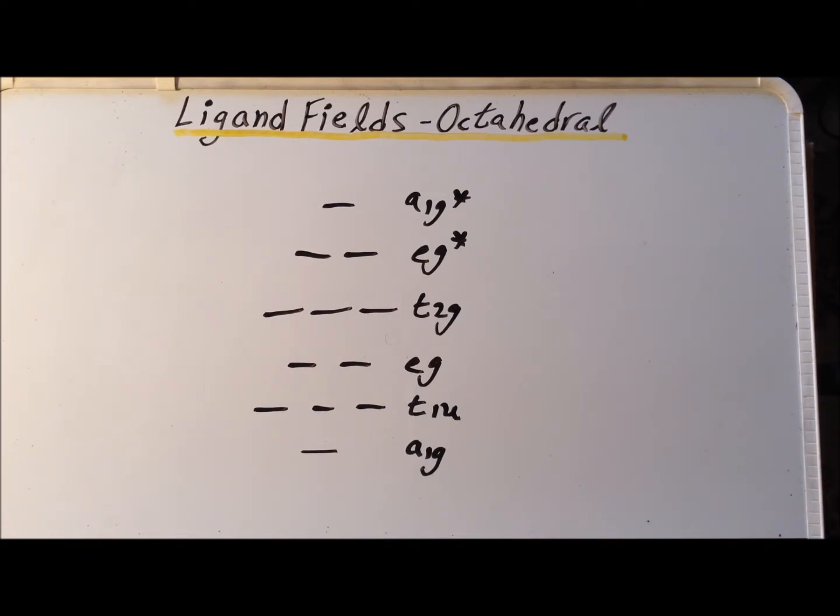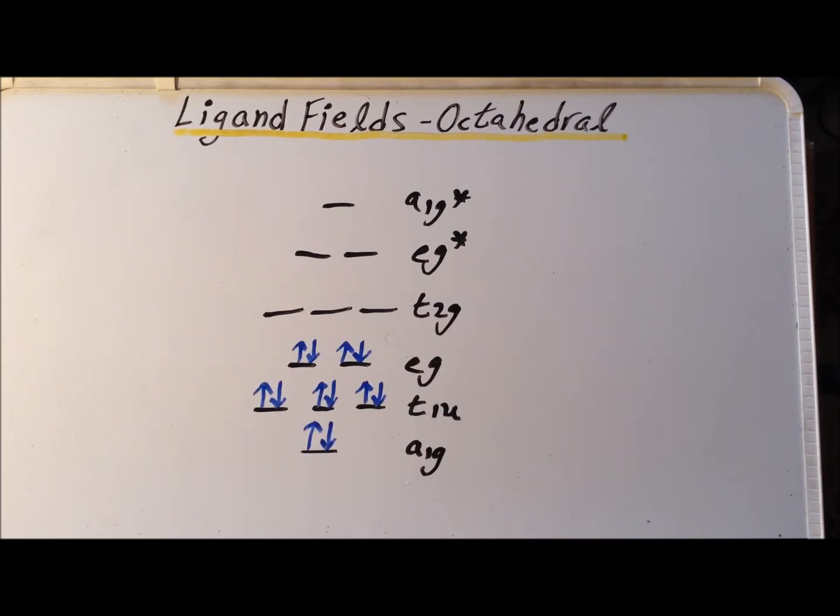The second category consists of non-bonding orbitals, and that is our triply degenerate T2g set here. This lies entirely, or almost entirely, on the transition metal. Finally, we have anti-bonding orbitals, Eg star, A1g star, and up here not shown, T1u star. These are anti-bonding orbitals that mostly have metal character.